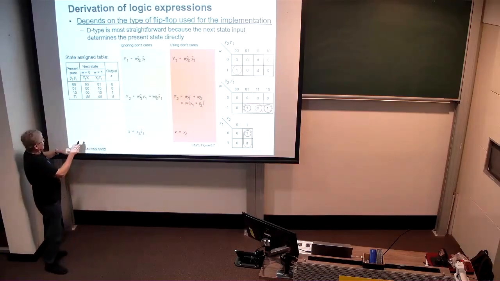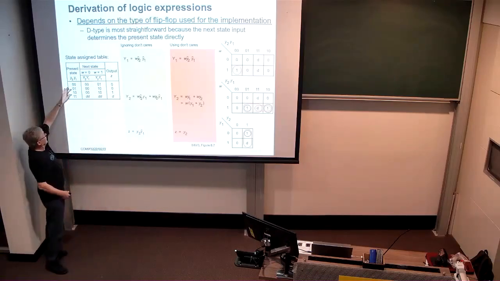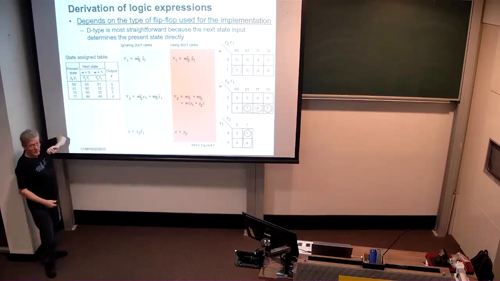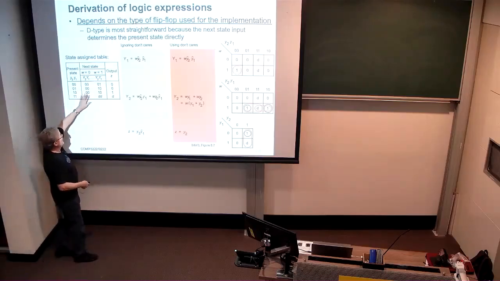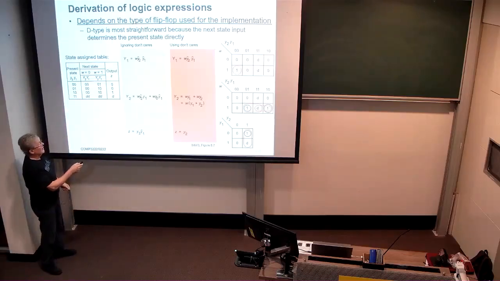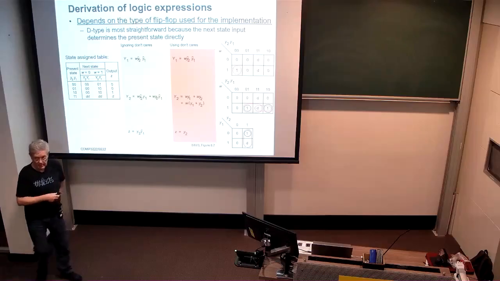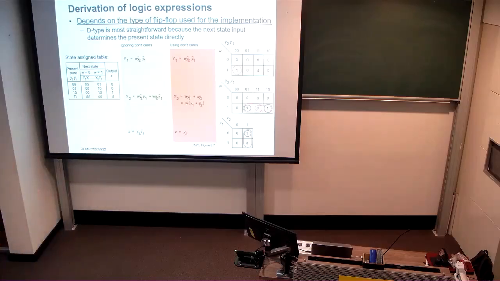Well, capital Y2 is 1 in these 2 rows where we have an exclusive OR of Y2 and Y1, and when W is 1, not when W is 0. So we have W and not Y2, Y1, or W, Y2, and not Y1. That's the exclusive OR of those 2 state variables and W.